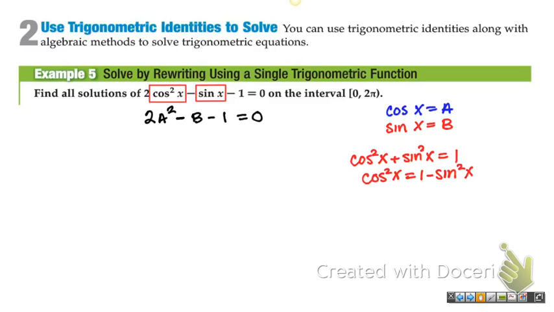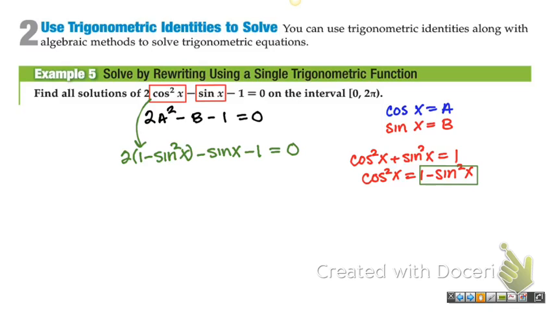So I'm going to use this identity to replace cosine squared x with 1 minus sine squared x. Okay, so this is going to become 2 times 1 minus sine squared x minus sine x minus 1 equals 0.